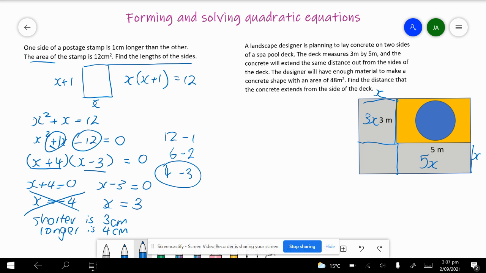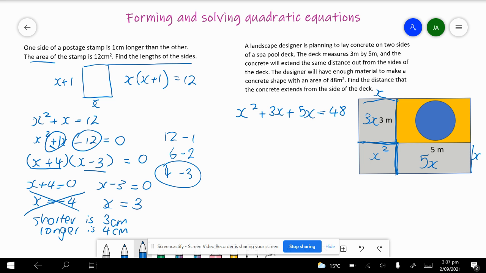The area of this rectangle is x squared because that length is x and also that length is x as well. So when we add up all those areas, we're going to get 48 metres squared. So let's write that as an equation. We've got x squared plus 3x plus 5x equals, and we know the area is 48.